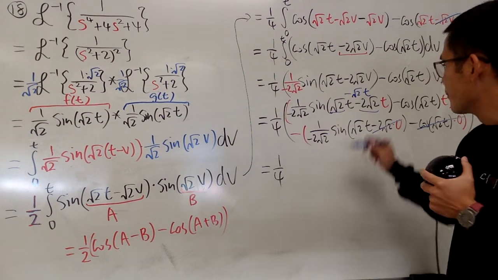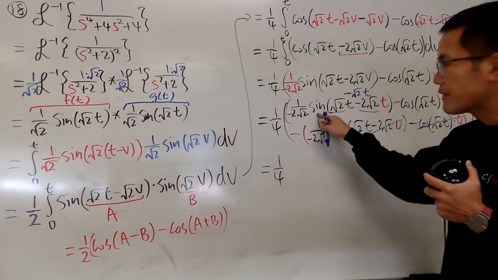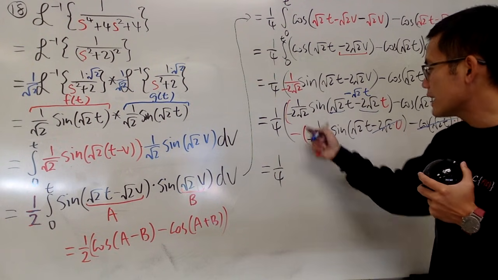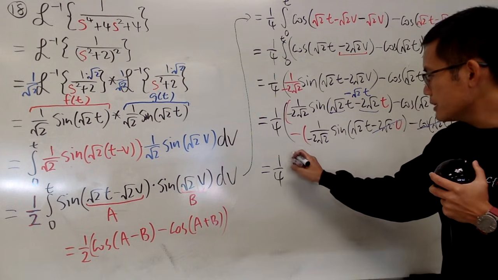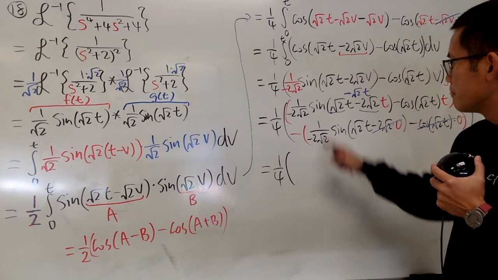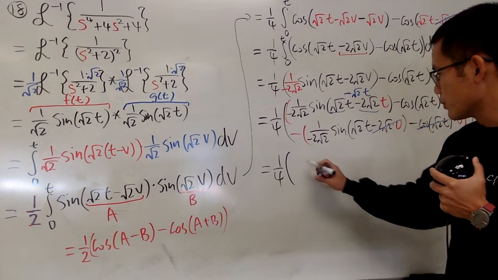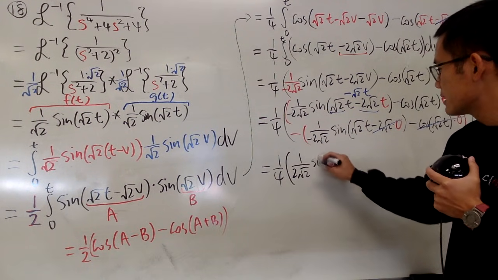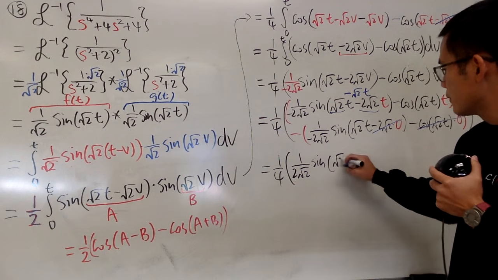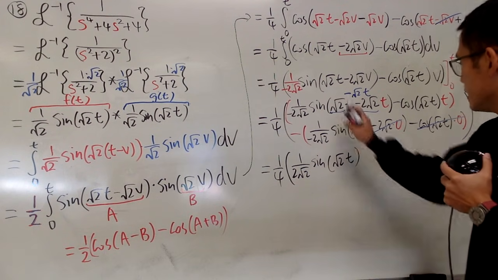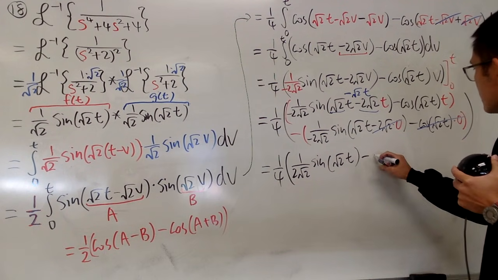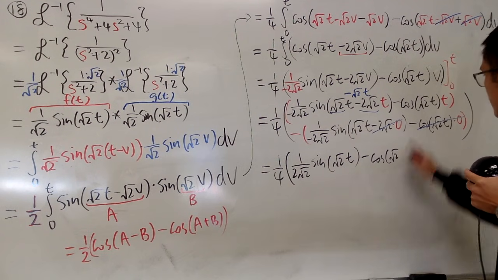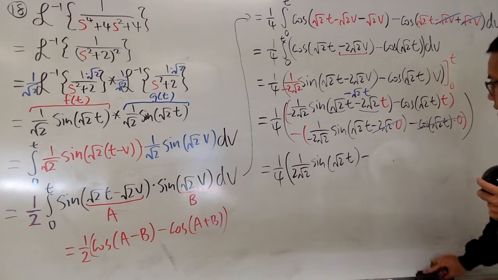Now, here's the deal though. Here is negative inside the sine, but sine is an odd function, so we can put this on the outside. So the first part is going to be positive. So we get positive 1 over 2 square root of 2, and then we have sine of square root of 2t. And then this is minus t cosine square root of 2t.